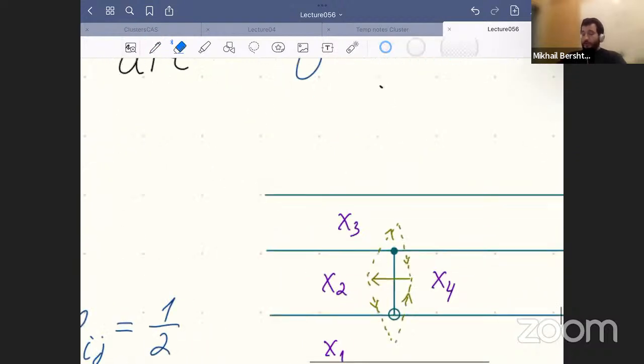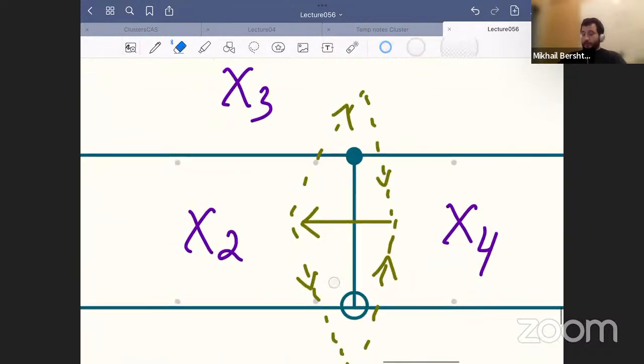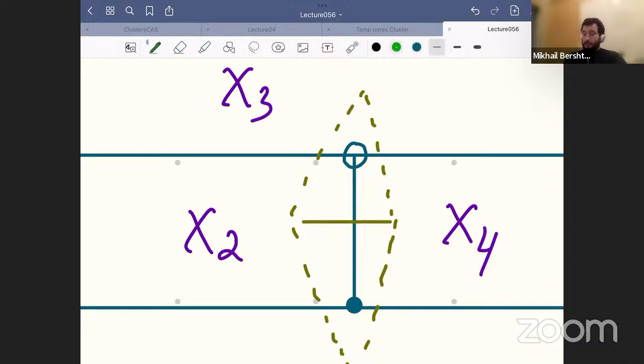In terms of the bicolored graph, we will have a black vertex below. So it means that our H is now directed in this way.